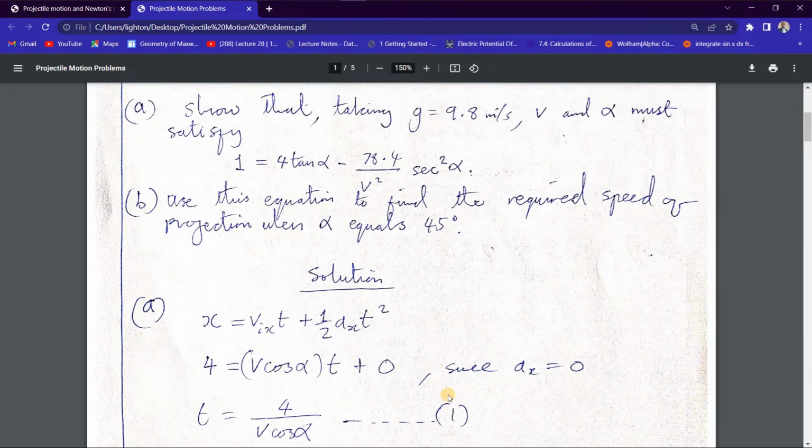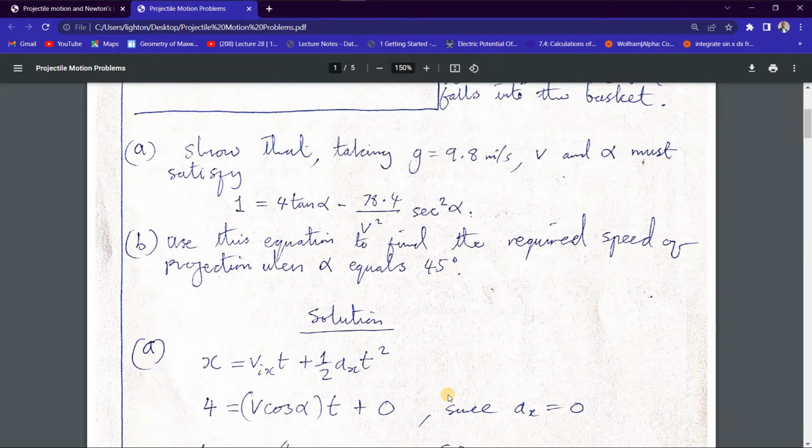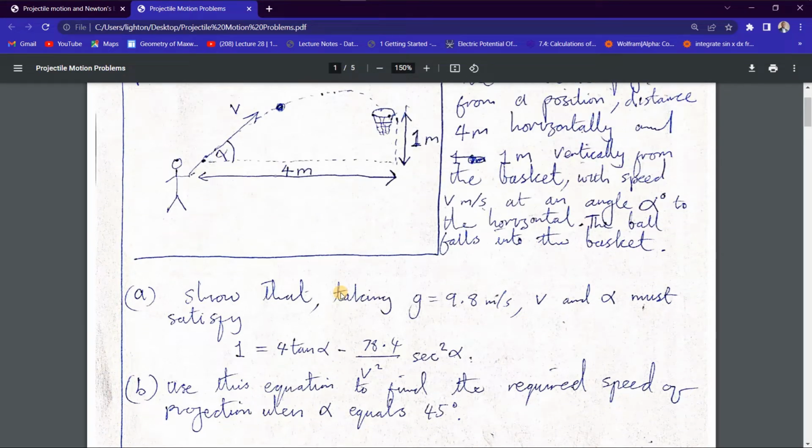So the first thing you do to handle this problem is find expressions for the displacement, both the x component of displacement and the y component of displacement. So in this case we have the horizontal component as x and the vertical component as y.